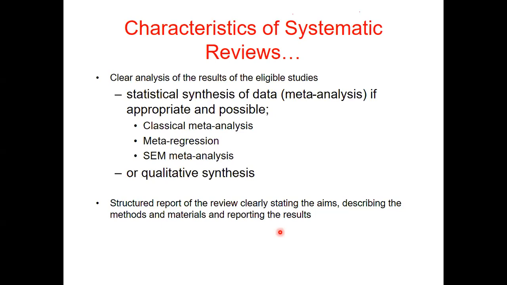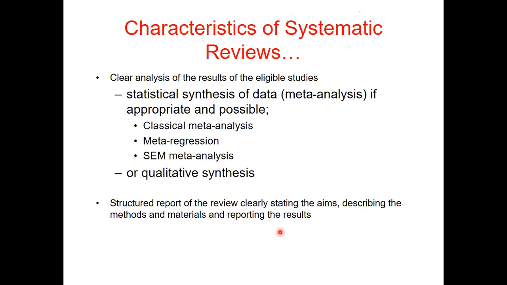There's also a clear analysis of the results of the eligible studies. Normally, after which we do some statistical synthesis of data. We may do some meta-analysis, as we shall see later, if appropriate and possible. Of course, there are many types of meta-analysis which we shall look at later.